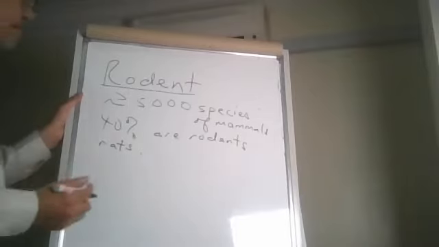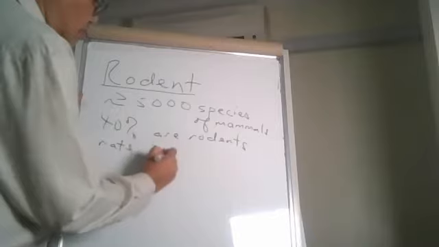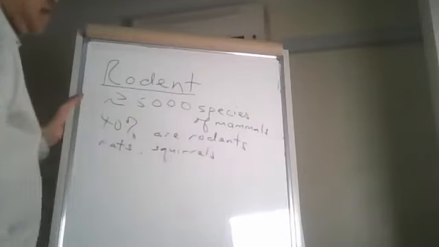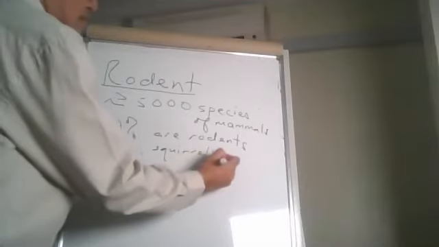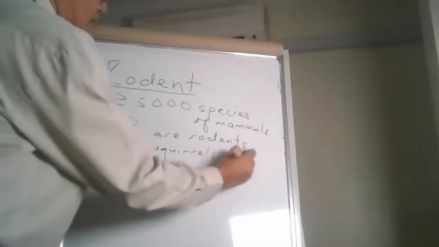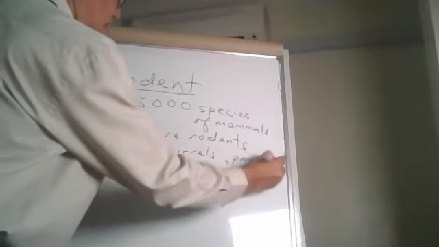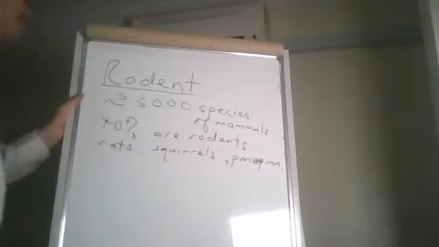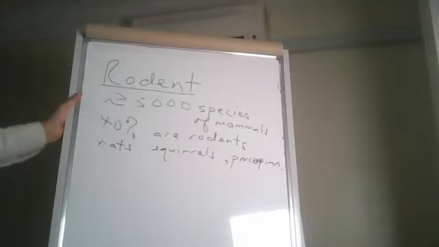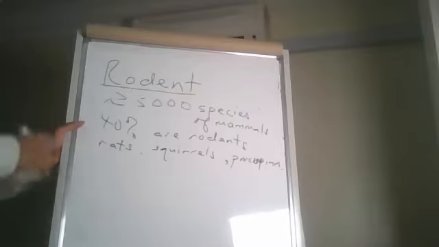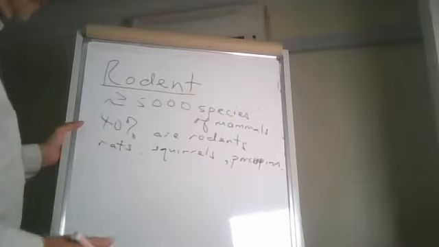And in Malaysia in particular, we have rats, squirrels, and porcupines. So these are the most common rodents in our country.